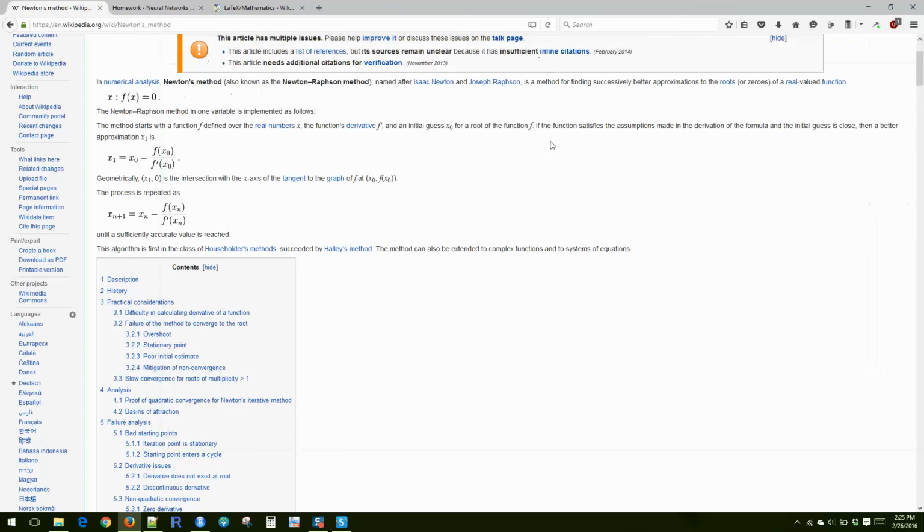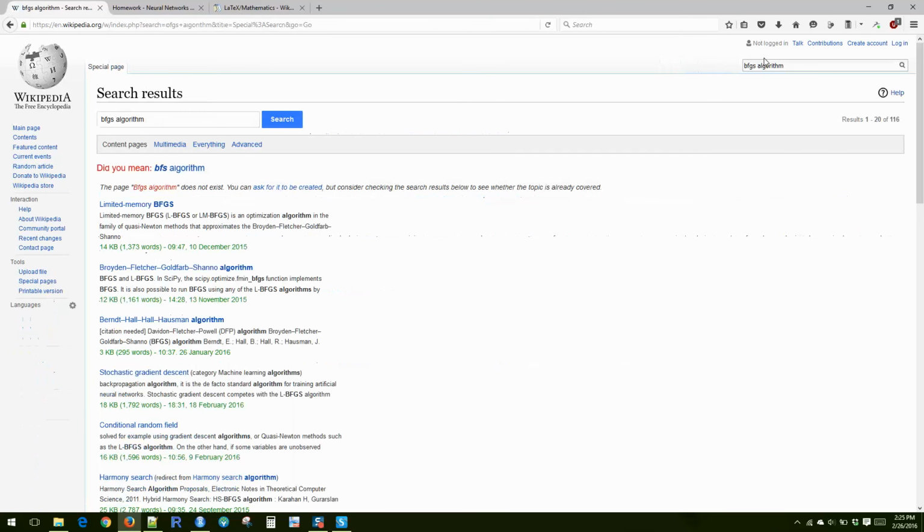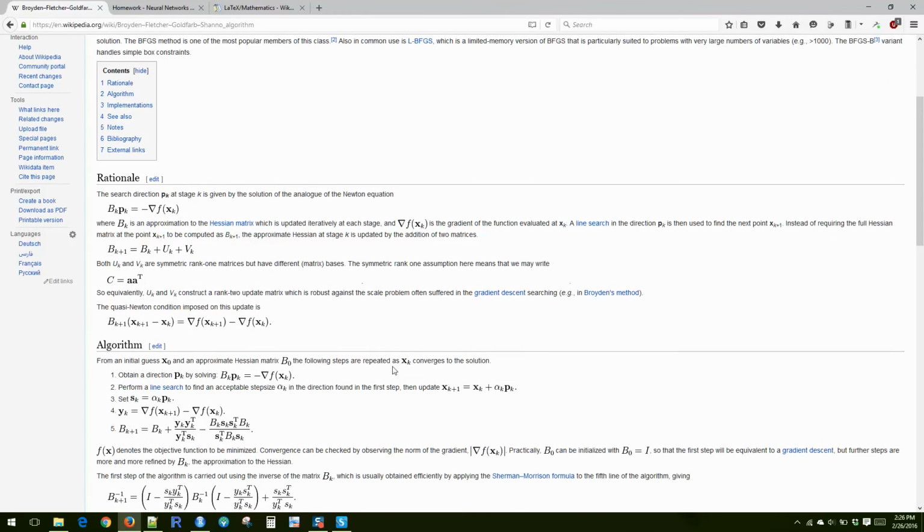I'm just going to point you to Wikipedia. Here we go. So BFGS is basically an algorithm used for gradient descent, and it's approximating the Hessian matrix.